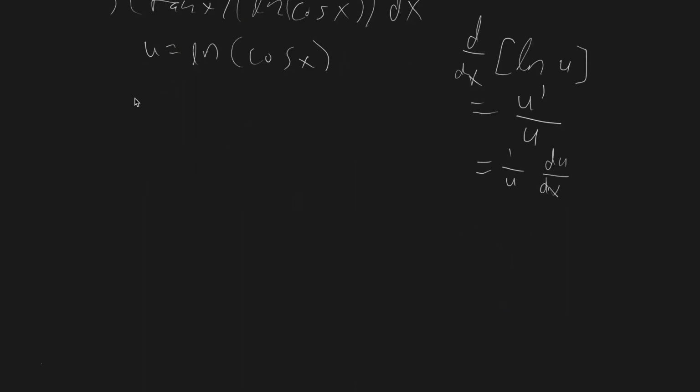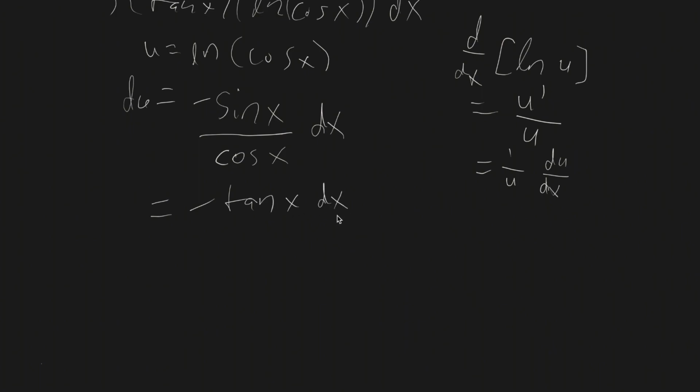So now let's get du, which is going to be equal to u prime, which is just the derivative of cosine x, which is negative sine x, divided by u, which is just cosine x. We're going to have dx. Notice that this is equal to negative tangent x dx.